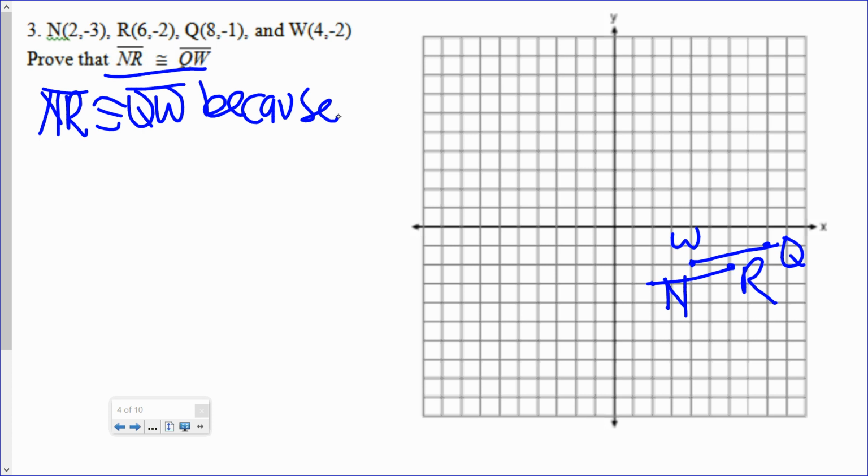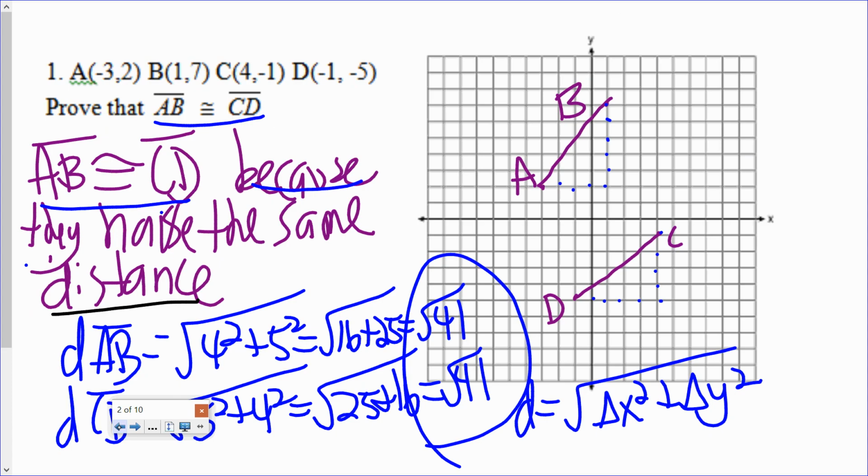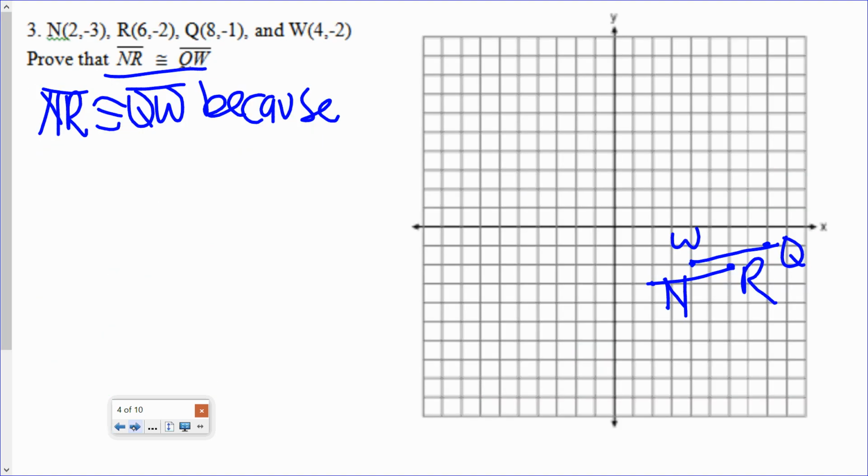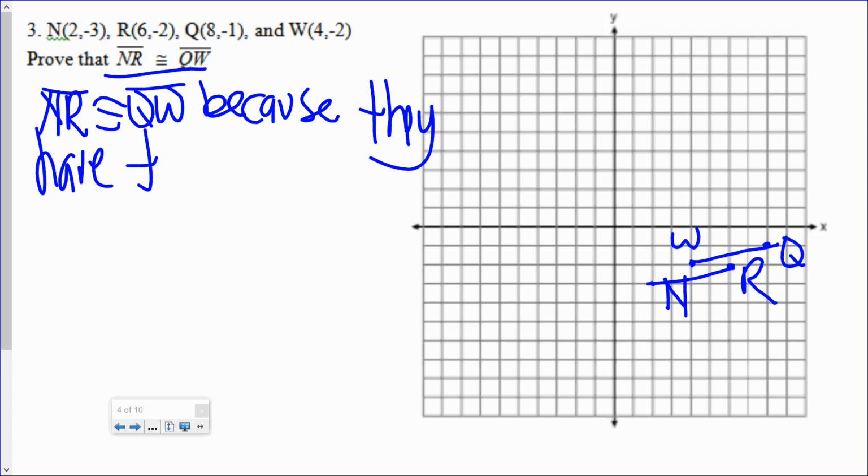Okay, if I look back at number 1, I said that AB was congruent to CD because they have the same distance. So, same thing here, NR is congruent to QW because they have the same distance. So now I'm going to find the distances.